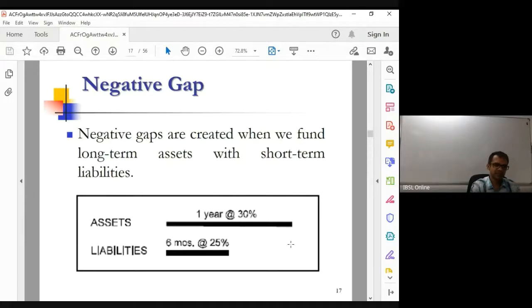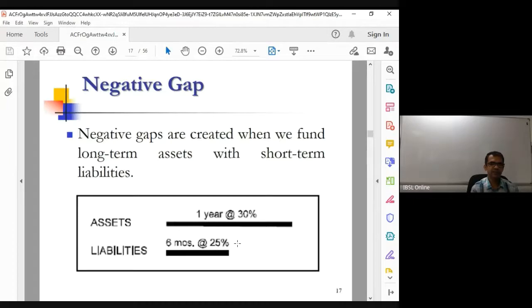But what's the problem? Your liability matures in 6 months. After 6 months, you should be able to pay this liability. But the borrower won't pay anything in 6 months. So this is a negative gap.